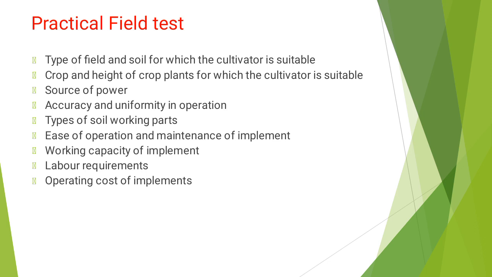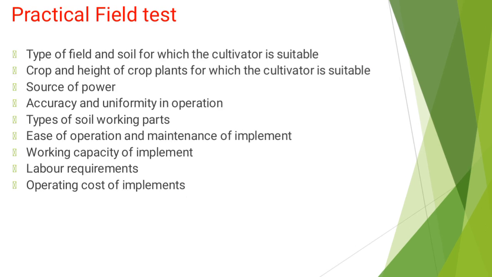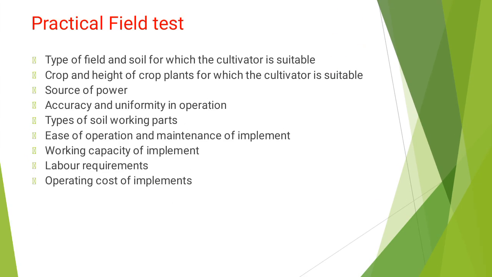The criteria for the evaluation of the cultivators are the type of field soil for which the cultivator is suitable, crop and height of crop plant for which the cultivator is suitable, source of power, accuracy, uniformity in operation, types of soil working parts, ease of operation and maintenance of the implement, working capability of the implement, labor requirement, and operating cost of the implement.